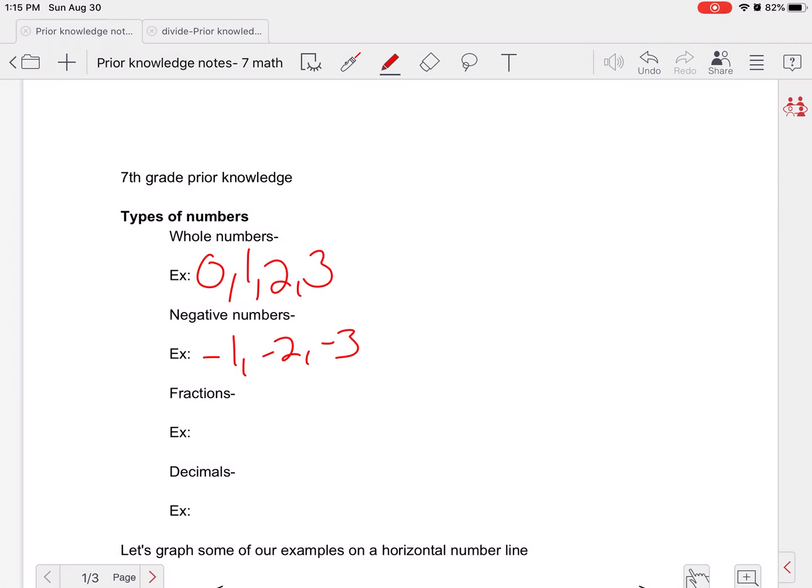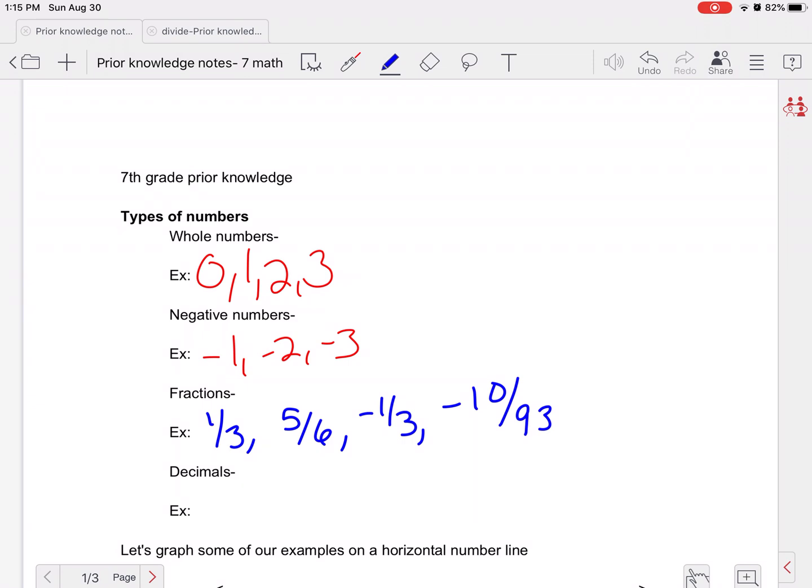And fractions, everyone's favorite type of number. So those are just parts of a whole or a number written over a number, right? So maybe we're talking about 1/3, maybe we're talking about 5/6. These can also be negative, so I could have -1/3. Or maybe I'm going to have -10/93, right?